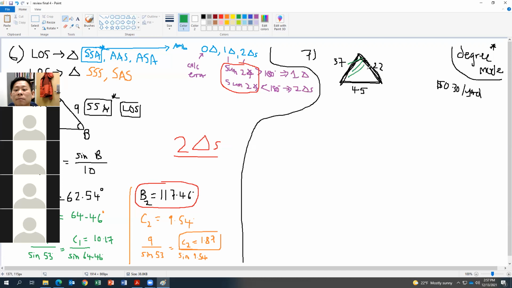Add them all up and divide by 2. So we have to find the area, and a lot of students will use law of sine or law of cosine to figure out the angle and then do all this. No, because this is actually Heron's area formula. Based on Heron's area formula, S is you add all the 3 sides, 37 plus 22 plus 45, and you divide this by 2.